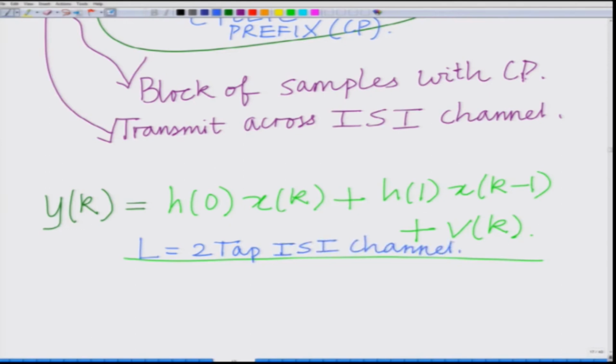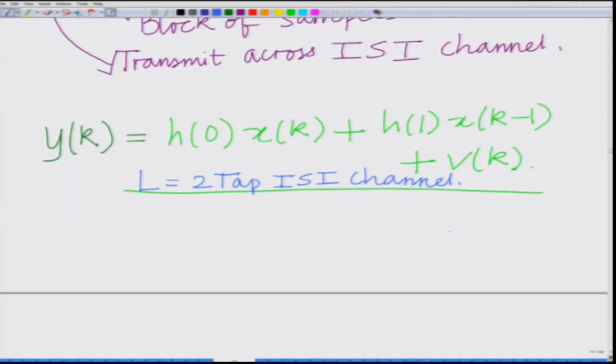Now when you transmit the samples with the cyclic prefix, that is the cyclic prefix block of samples across this ISI channel, what you get is that the channel action becomes a circular convolution.